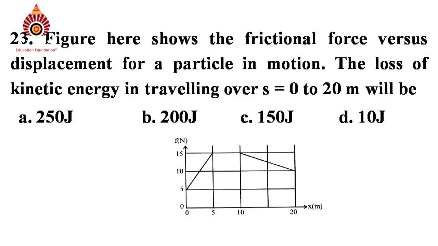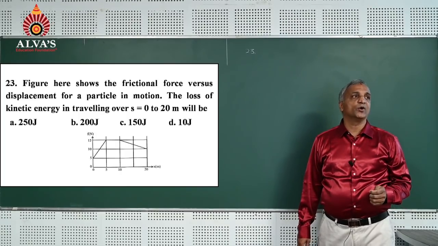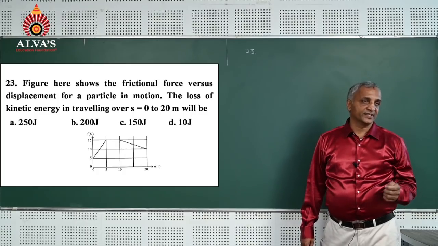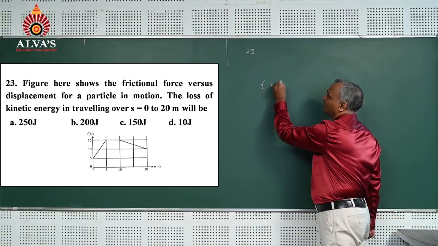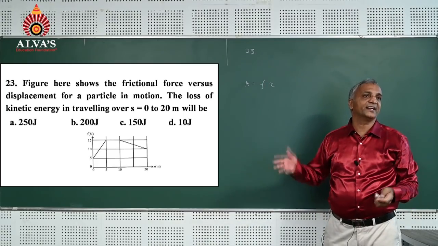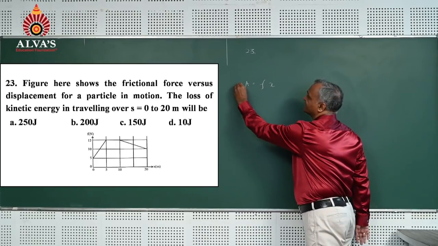Question number 23. The figure here shows the frictional force versus displacement of a particle in motion. The loss of kinetic energy in traveling over a distance of 0 to 20 meter will be. So the graph is given, frictional force F against displacement. If you want to find the work done, you just find the area under that particular graph, because work done is nothing but force into distance, here the frictional force.